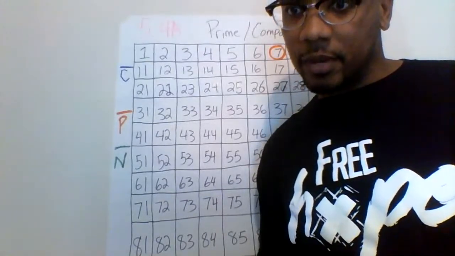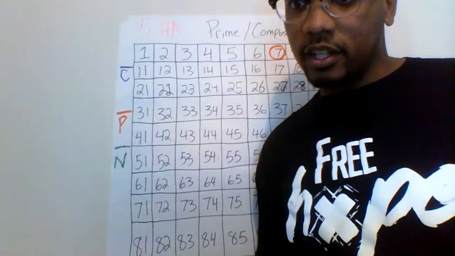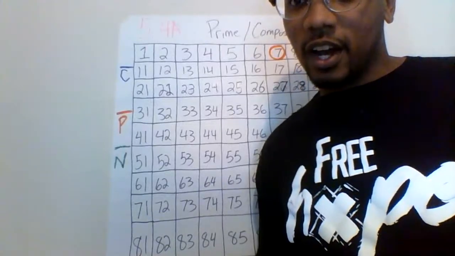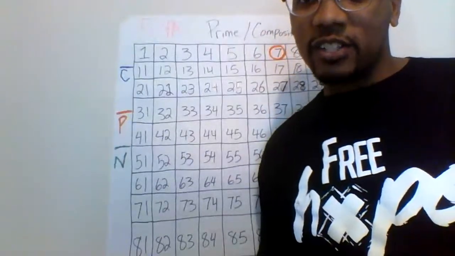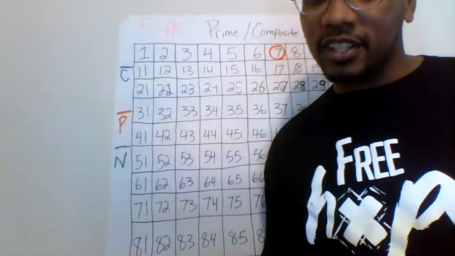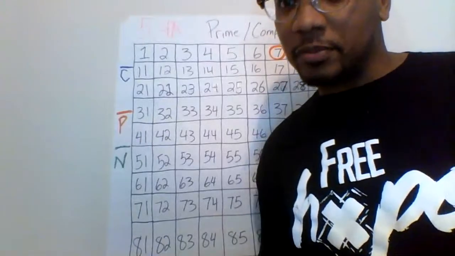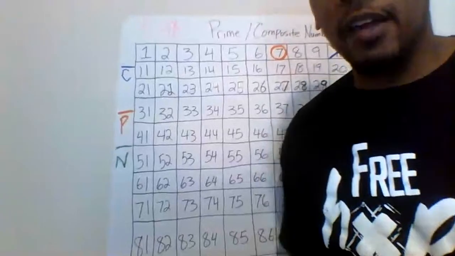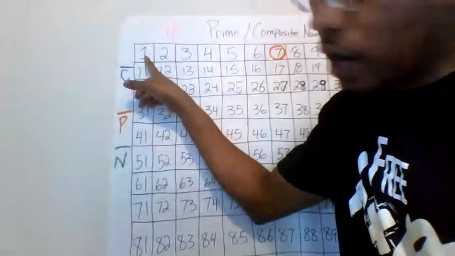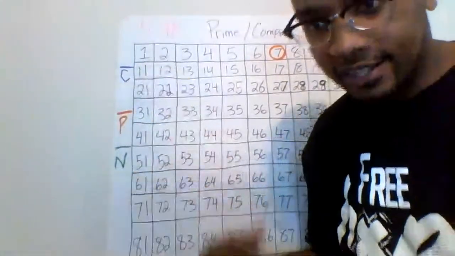All right, I'm getting some answers. I see Anthony learned something. Natalie learned something. Benjamin learned something. Yahida learned something. Cesar learned something. Yasel learned. Okay, cool. If you're in my class, you realize the number 1 is neither prime nor composite.